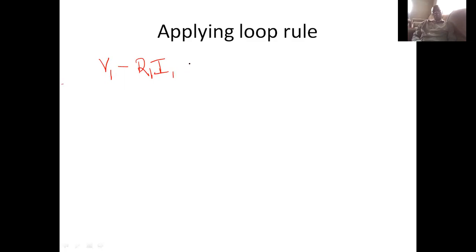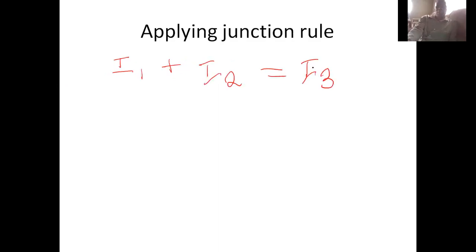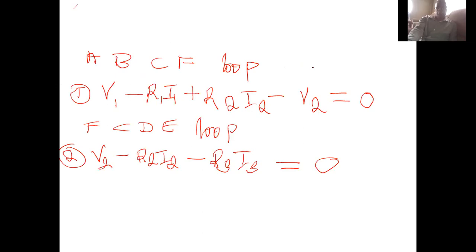And then we had positive R2 multiplied by current number 2, then minus V2, which is equal to 0. This is exactly what we did earlier on.